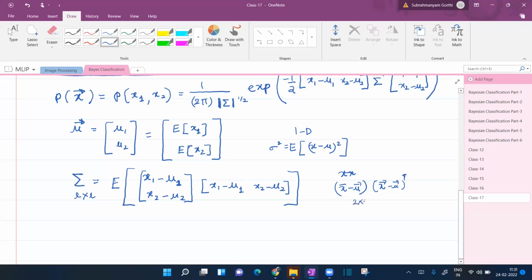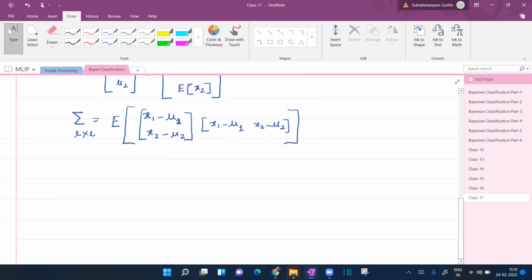This is 2 cross 1, this is 1 cross 2, you will get 2 cross 2, that's how you are defining the terms there. So x minus mu bar is nothing but x1 minus mu1, x2 minus mu2, the first column vector. It is followed by the row transpose of it, which is nothing but x1 minus mu1 and x2 minus mu2.